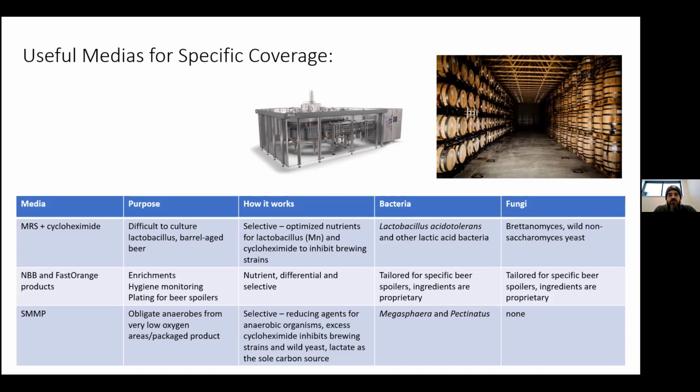because this allows for the growth of obligate anaerobes like Megasphaera and Pectinatus. In the 8 years of doing this, I have only ever heard of Megasphaera and Pectinatus problems with very, very large breweries that have very, very sophisticated oxygen control, because these organisms are exquisitely sensitive to any oxygen.